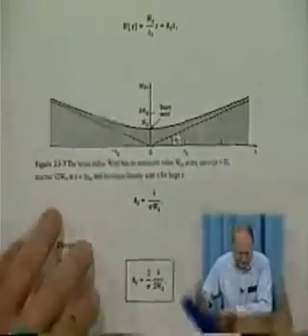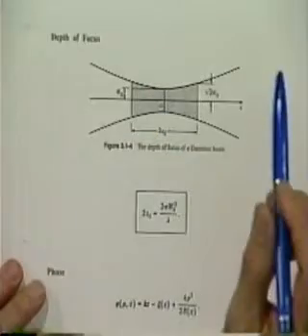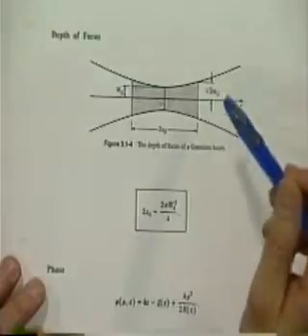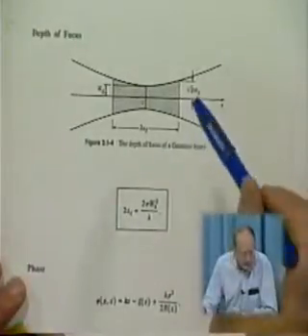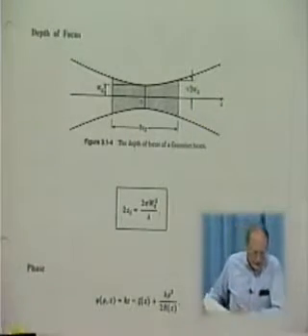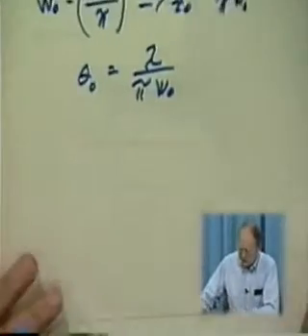Anyway, beam divergence here. Depth of focus is the next item. Let me write down a couple of equations here, and then we'll see where we get to this depth of focus factor.